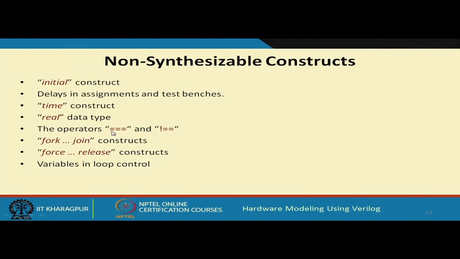And among the operators, triple equal and not equal to, these two are not supported. Fork join, force release, and as I said, in loop control you cannot loop a variable number of times. So, variables in loop control are typically not supported.